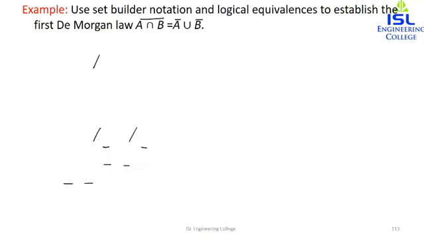Yeah. So we are supposed to prove that (A intersection B) whole complement is equivalent to A complement union B complement. Now for this, I'll start proving it first, and then we can see the overall solution.